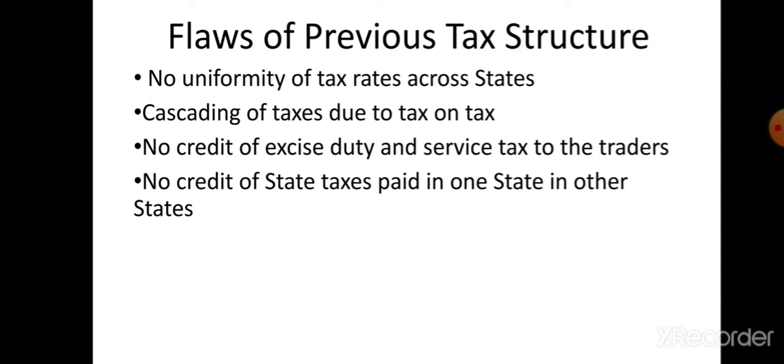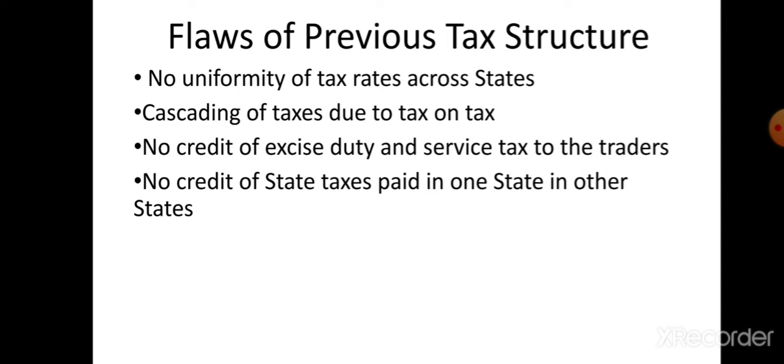There were multiple taxes and tax rates for various commodities, goods and services, which was very confusing and complex to understand for the taxpayer or the supplier, and also for the administration of taxation by the tax authorities. So it is one of the flaws of the previous tax structure.